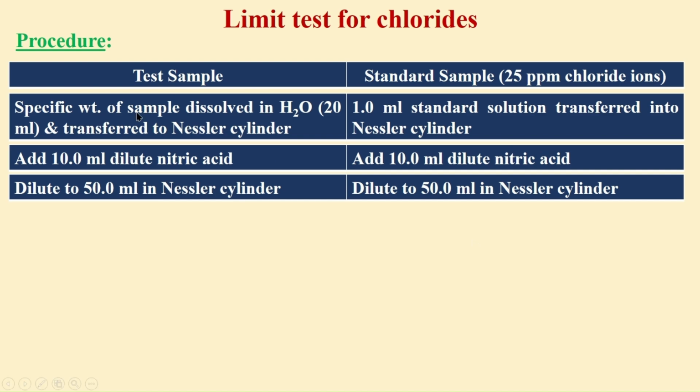We have taken the sample, added the dilute nitric acid and made up the volume to 50 ml. In the test sample and in the standard sample we have taken 1 ml of standard chloride solution.